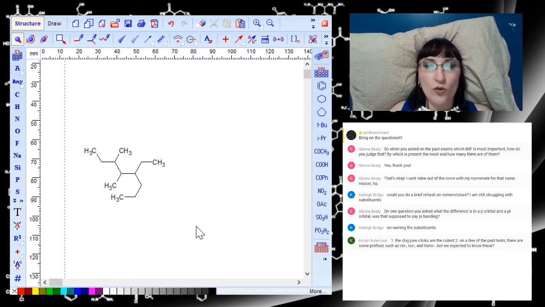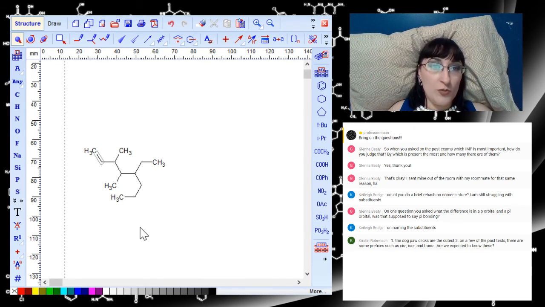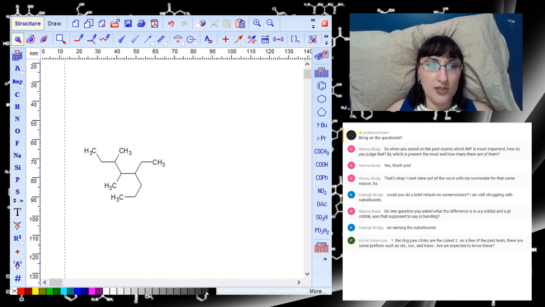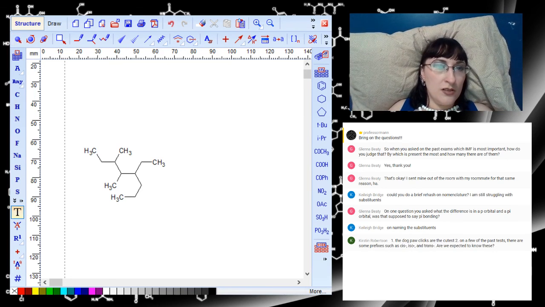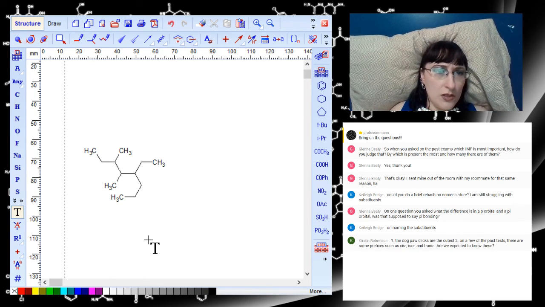Okay, so Keely, back to this. If you see these different carbon groups here, I'm going to highlight the parent chain, because hopefully you can see that it is 8 carbons long.